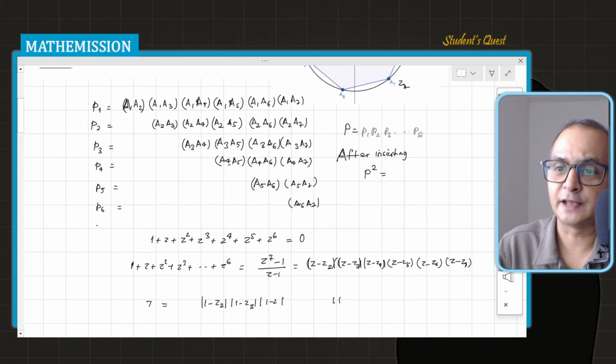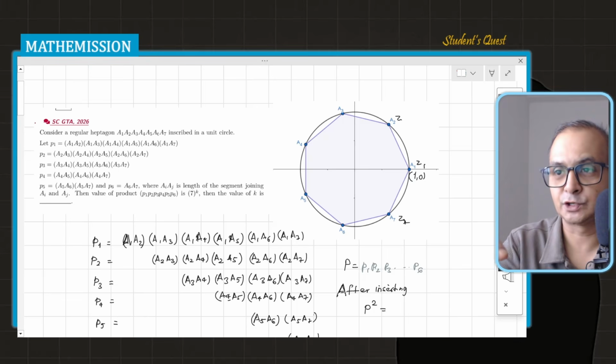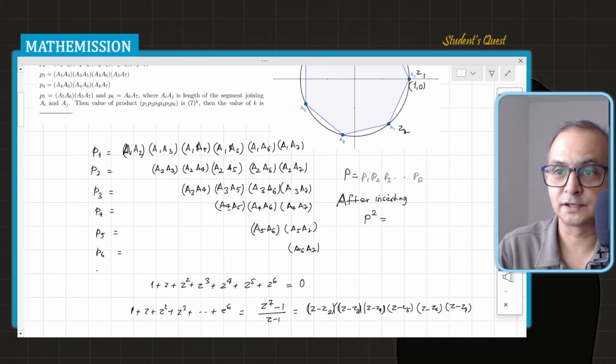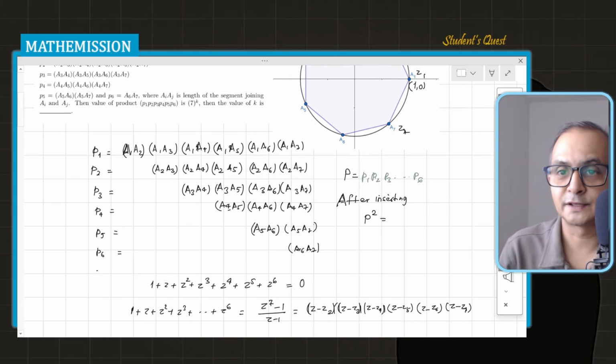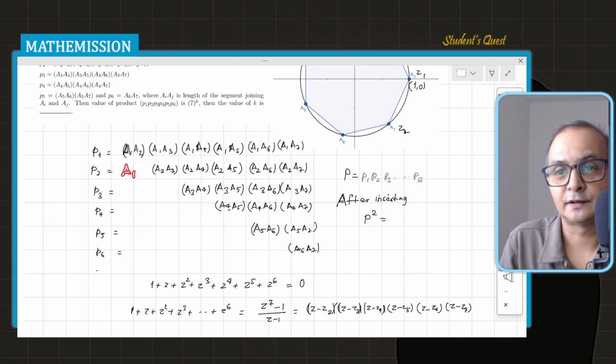So this is actually the distance starting from A1, when we have taken A1 as position 1. It means I can rotate it and again take Z2 as position 1 and the same result will happen. So the product of all the chords emerging from each vertex is 7 actually. So this P1 must be 7, and you notice P2 after inserting A1, A2 will become again 7.